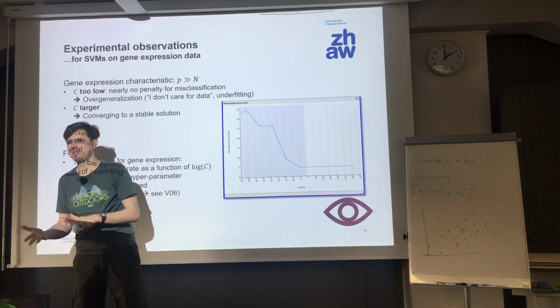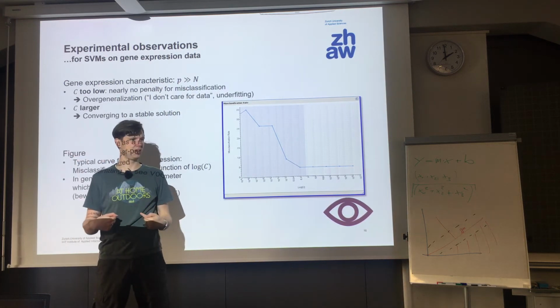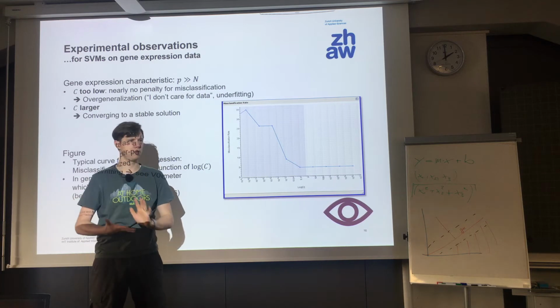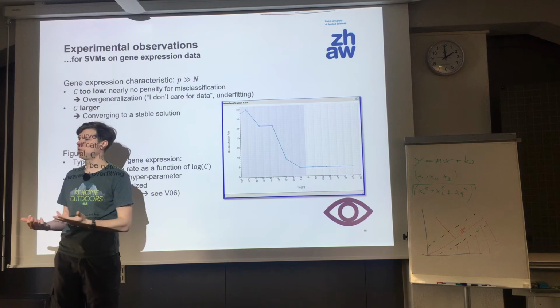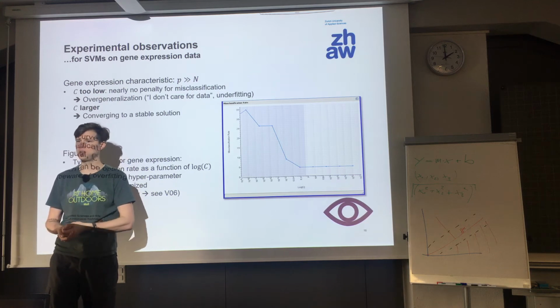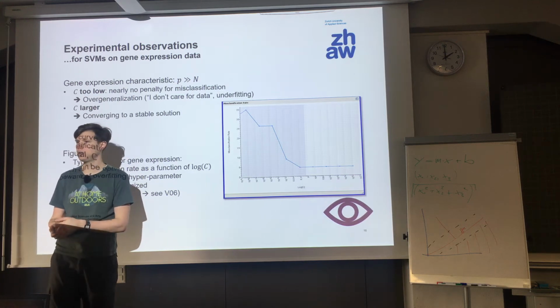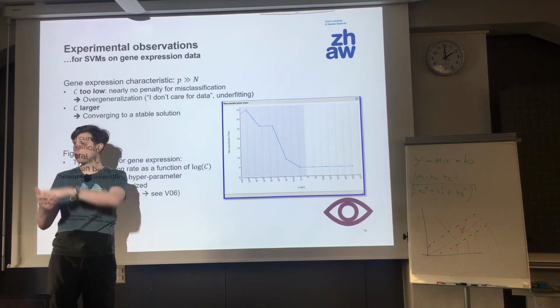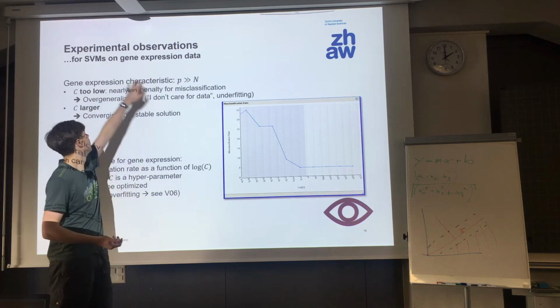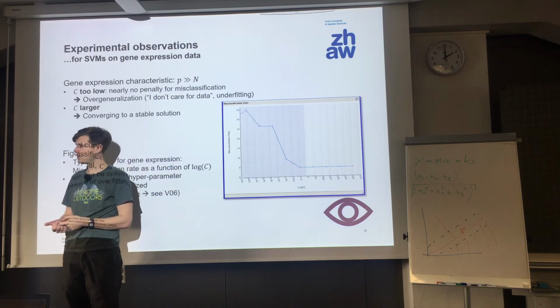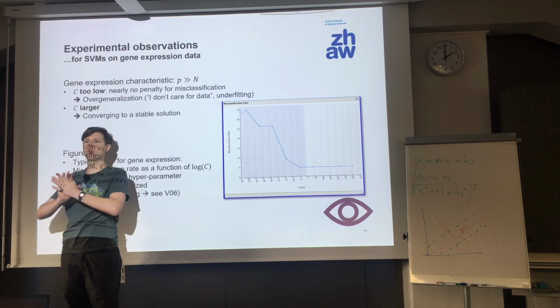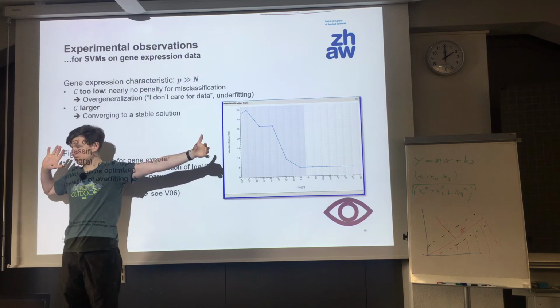I'm very much used in my personal work to the opposite. I usually have much more data points than I have features. That's a typical case, for example, in speech processing, multimedia analysis, even image analysis. You usually have more instances than features. In gene expression data, it's the opposite. You maybe have a couple of hundred data points, but all of them have thousands of features.